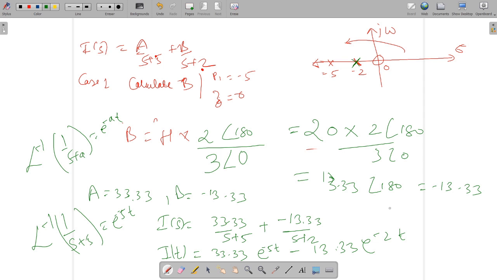For the pole zero diagram, first you need your expression in the S domain. When you have the expression in the S domain, you will have two things: the zeros in the numerator and the poles in the denominator. So you will have to plot the poles and the zeros in the pole zero diagram, and then you have to split the I of s, that is F of s, into parts depending upon the number of poles.